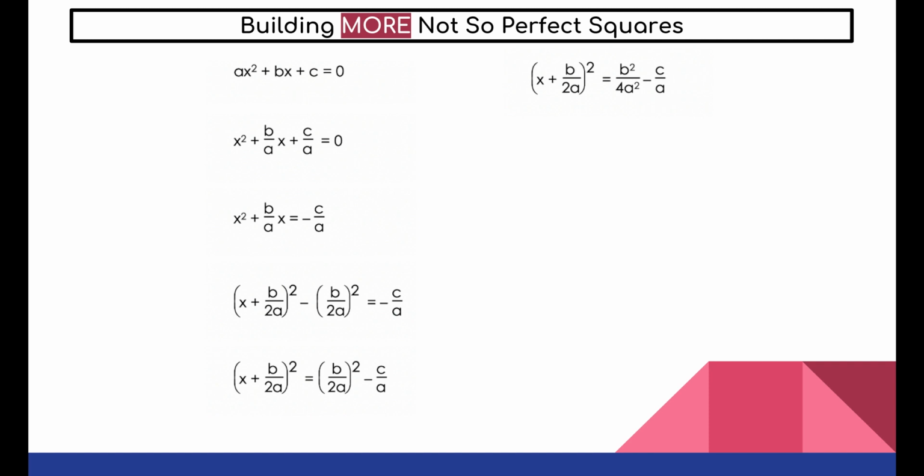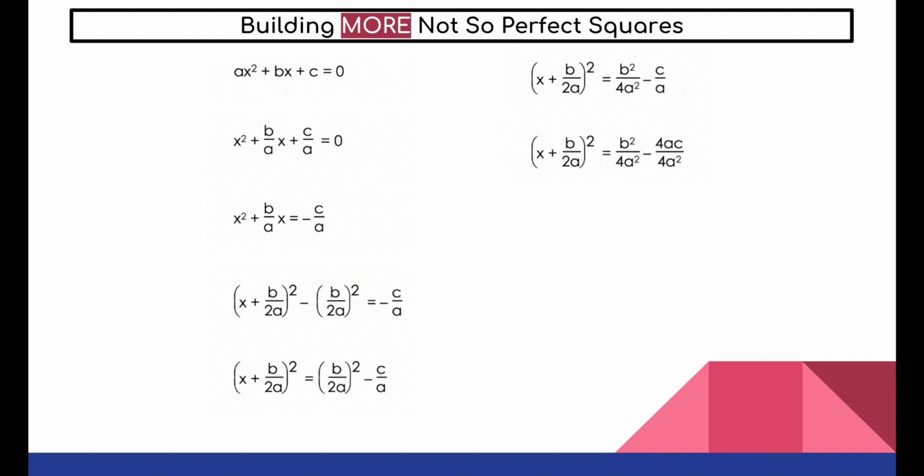I want to group those into one expression, so I'm going to have to do something to combine like terms. So I'll get a common denominator. In doing so, I'm going to have b squared over 4a squared minus 4ac over 4a squared.